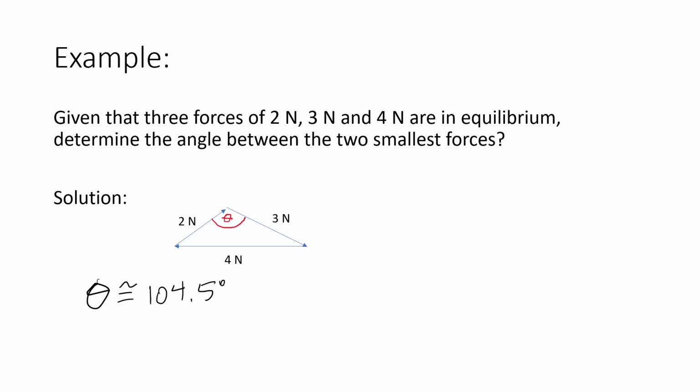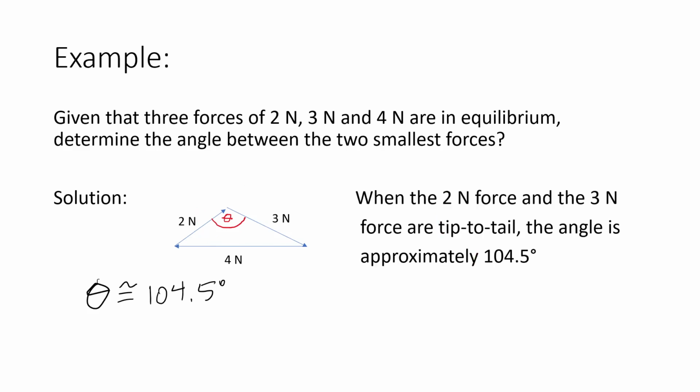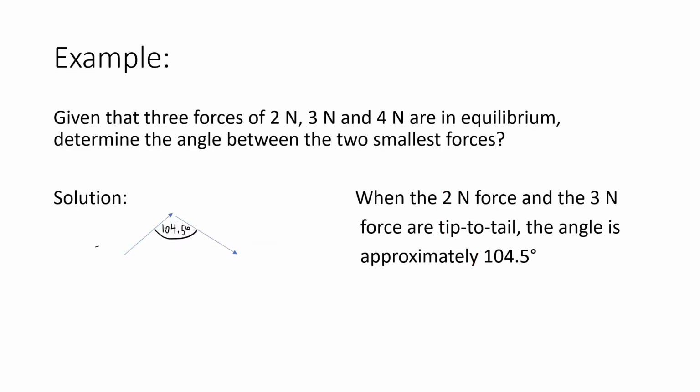But if that's your final answer, it's actually wrong. Because remember, whenever we talk about the angle between two vectors, between two forces, it's always when they're tail to tail. This is tip to tail. So when we're making that general statement, angle between two forces, we need to reconsider our diagram.